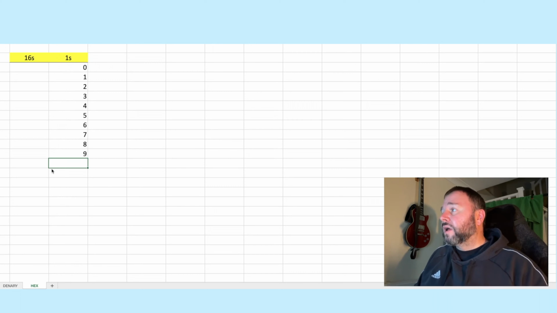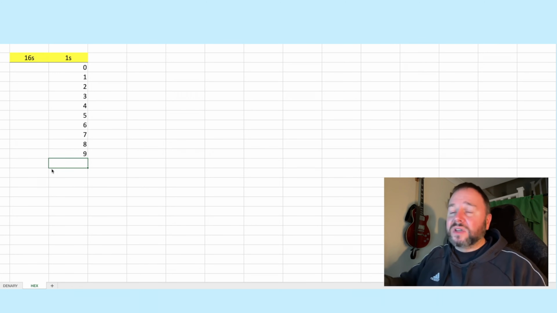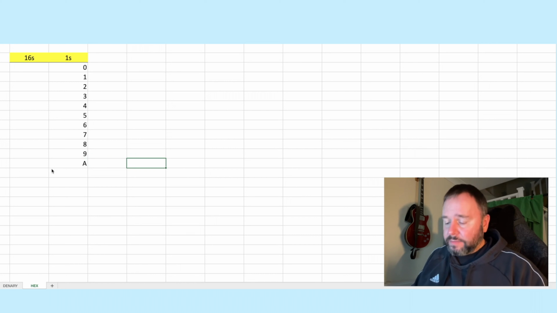Now, you could just invent a squiggle to represent 10 and 11 and so on, and people have. But we're not doing it that way because if we use letters, it's easier for us to identify. We don't have to memorize some kind of hieroglyphics, but also we can see the sequence. So we capitalize that. So A is 10.